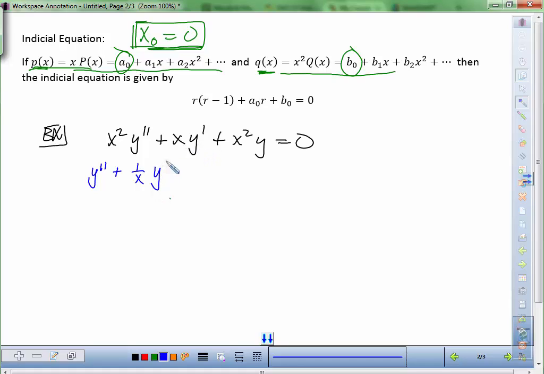Times y prime, plus x squared divided by x squared, so that's just a 1, times y is equal to 0. So we have capital P of x and capital Q of x identified.